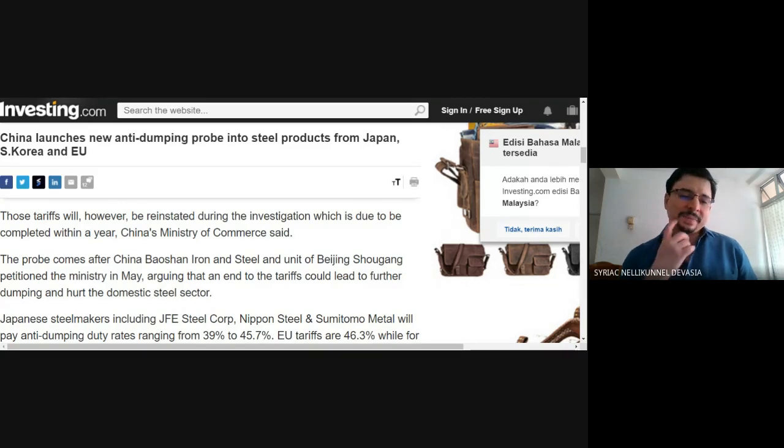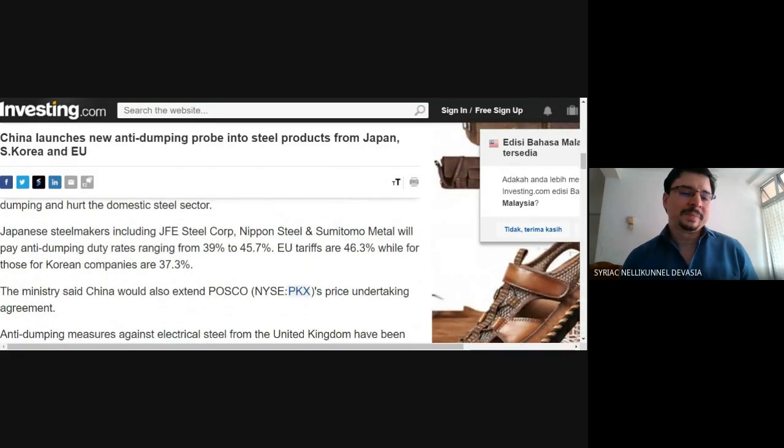In fact, the Chinese steel manufacturer, China Baoshan Iron and Steel Company, filed a case with the Chinese government first, saying if you stop the dumping duty, then it is going to hurt the domestic steel sector.